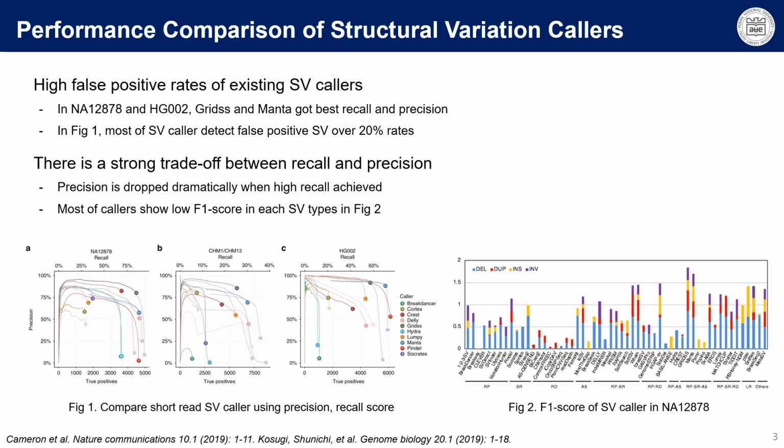In the study of Kosugi, we also see the F1 score. Some callers get a high F1 score in deletion, but the other types of structural variation have low F1 scores, so it needs to refine false positive structural variations that are reported by these tools for more high confidence.